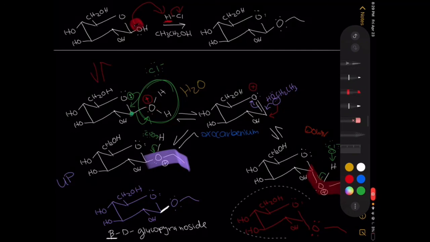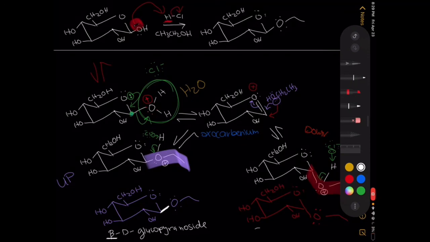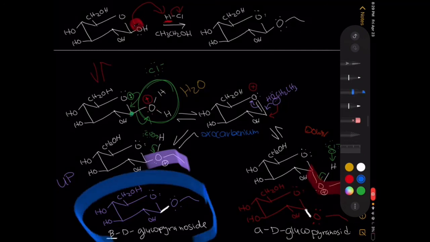Okay, let's see. This one is alpha-D-glucopyranoside because it's going down. So these two right here are our final products.